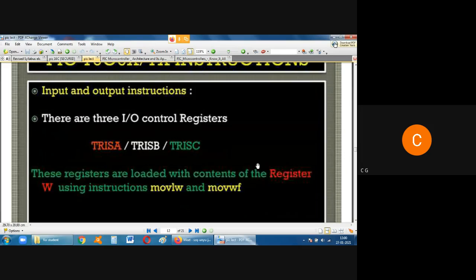Certain instructions will be associated with the clock pulse counter timer, D2A converter. Then we have communication using the serial ports. Okay. So out of all these 35 instructions, they are grouped into different categories. So if you remember the category, you will understand the role of this instruction.